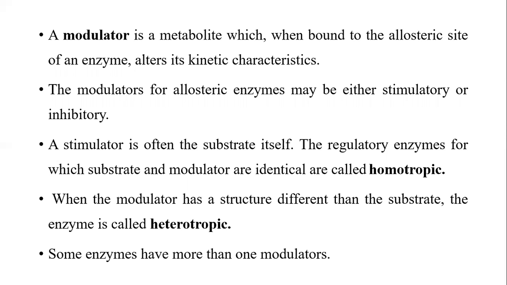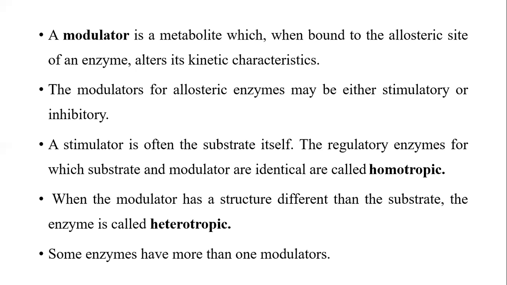If the stimulator is the same as the substrate, then we use the term homotropic. That is, if the stimulator is the substrate itself, then such regulatory enzymes are called homotropic enzymes. But if the stimulator is different from the substrate, then we call them heterotropic enzymes.